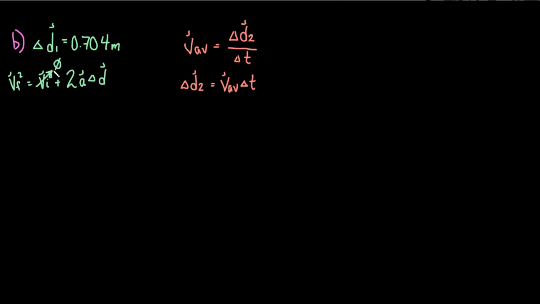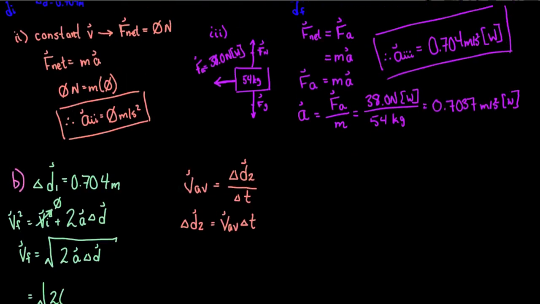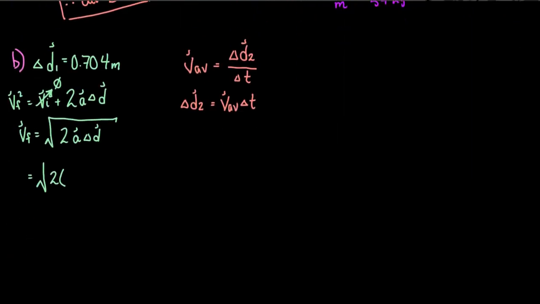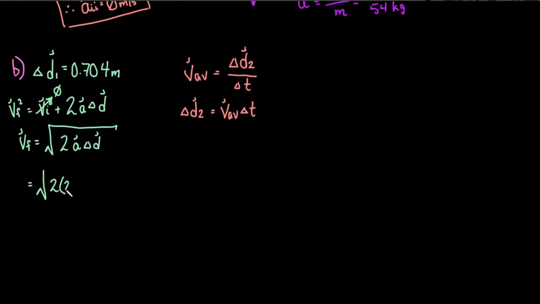We know it's 0. So the final velocity that we're solving for ends up being equal to the square root of 2 times the acceleration times the displacement. So we can go and get that final velocity now using what we know. 2 times our acceleration rate over that first portion, remember, was 2.41 meters per second squared east.